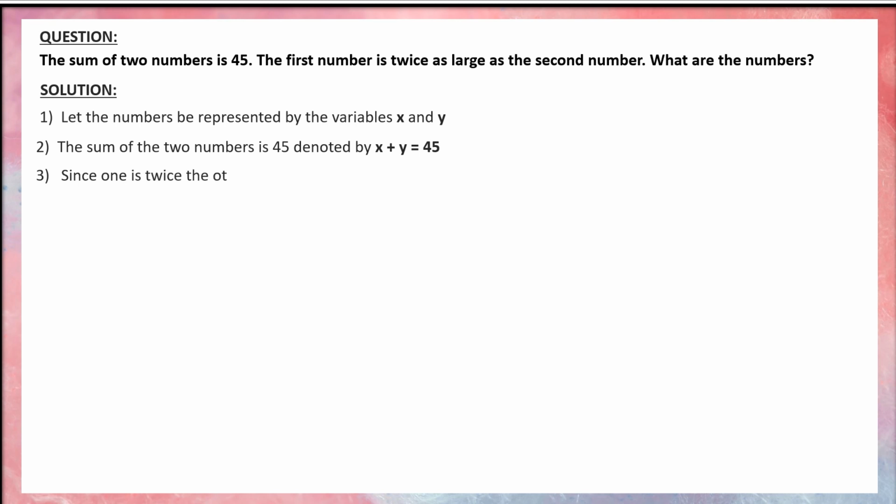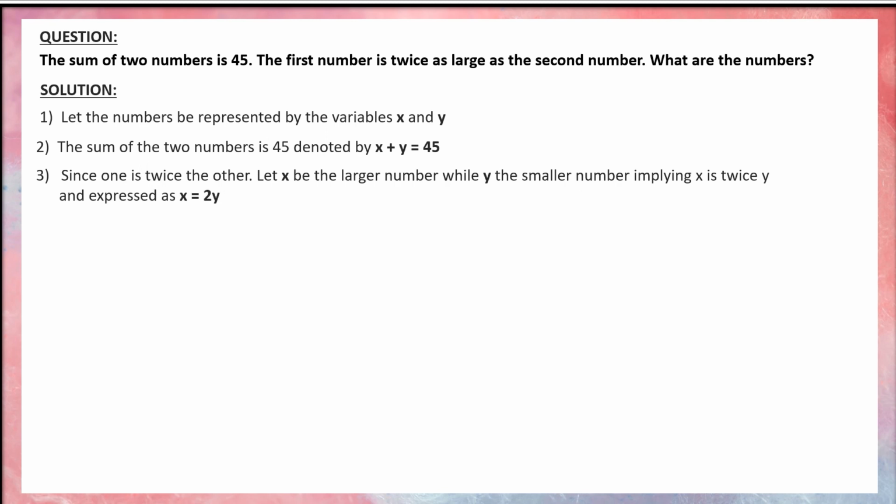We're also saying from this question that the first number is twice as large as the second number. So we'll simply represent it by saying let x be the larger number and y the smaller number.